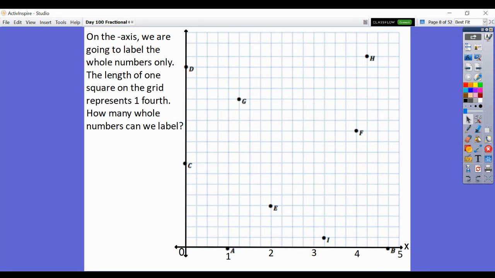So if you see here, we have 1, there's 1, 2, 3, 4, that's one whole, 1, 2, 3, 4, 2 whole, 1, 2, 3, 4, 3 whole, 1, 2, 3, 4, 4 whole, and 1, 2, 3, 4, 5 whole. 5 whole numbers. Each of these lines is 1/4.